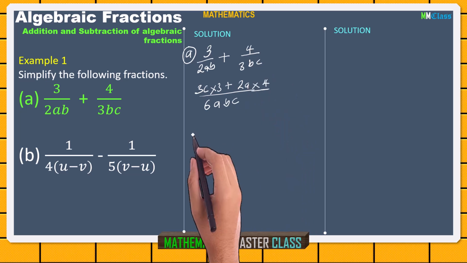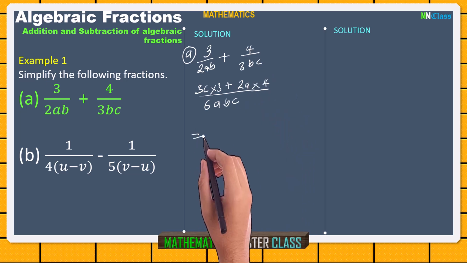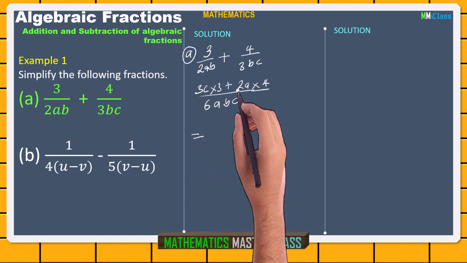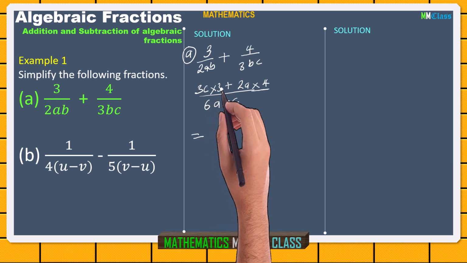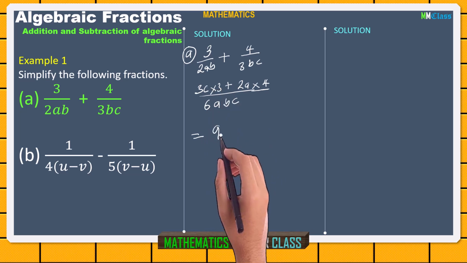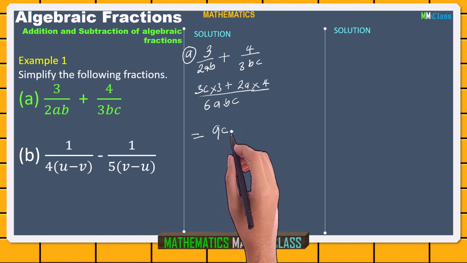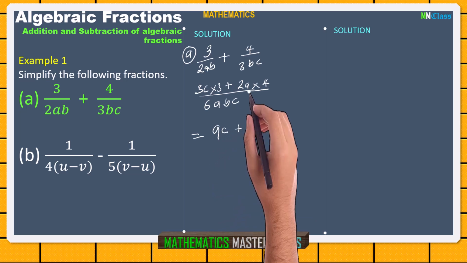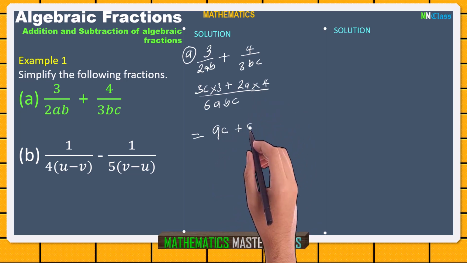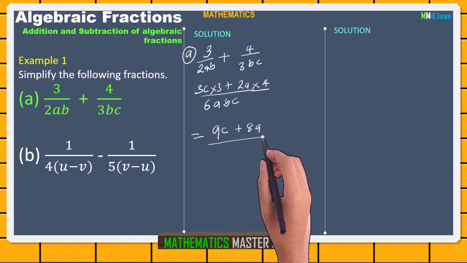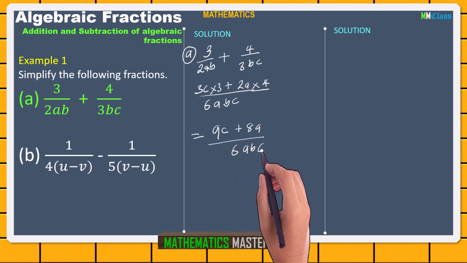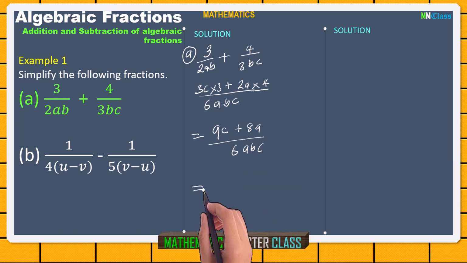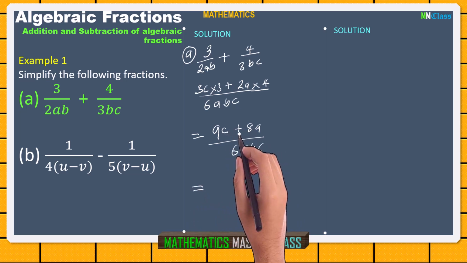So this will now be equal to, let's first of all multiply this one. 3c times 3 will give us 9c, plus 2a times 4 gives us 8a, all over 6abc. So we are going to check our numerator if we have anything common to factorize.